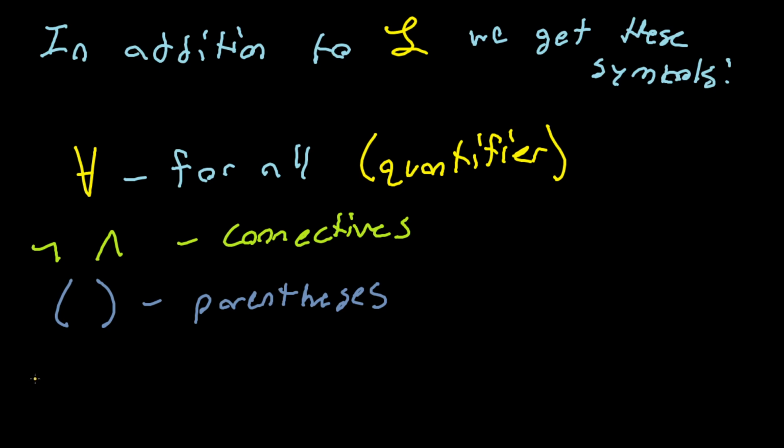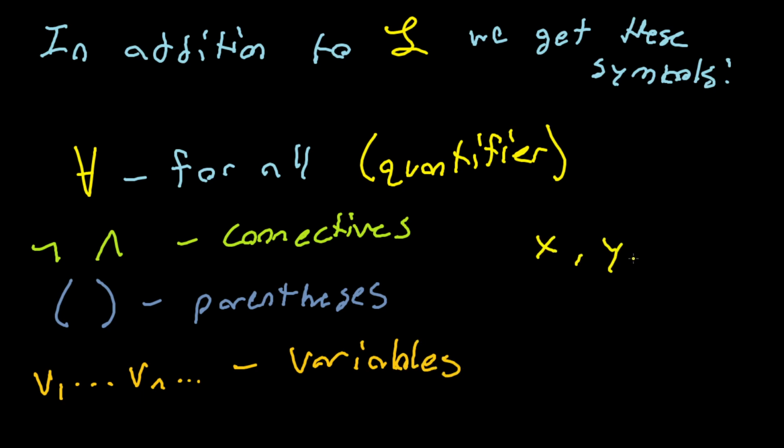We get a new guy, V1 through Vn, which are variables. And this is, of course, the x, the y. When I say for all x, I really mean for all vq for some q, right? So these are the fixed symbols that are not constant symbols. They represent variable mathematical objects, and we can use the quantifiers to make these variables range across sets of our choosing. Okay, so these are the symbols that we're going to need.